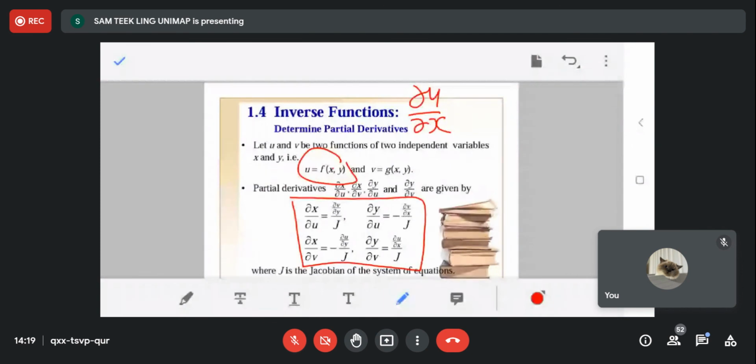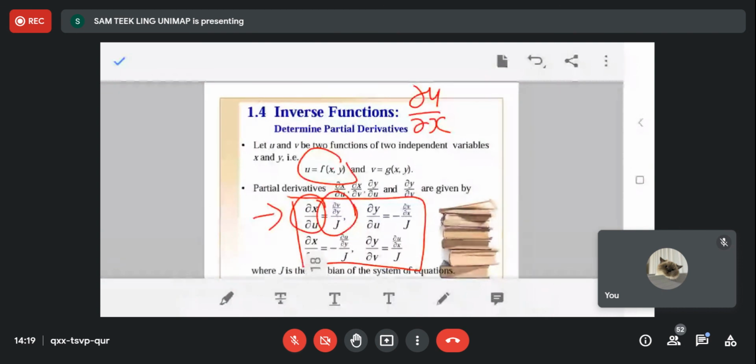You cannot find del x del u directly. This one is an inverse function. You need to use the inverse function formula to solve this.